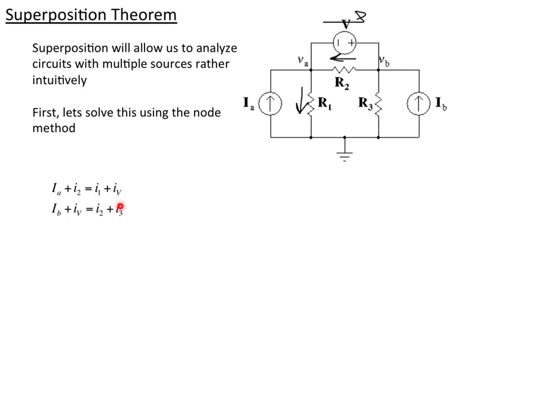And so that's the equation for the first node, summing up the currents. For node B, I have this equation exactly the same. Now IV flows in, IB also flows in, I2 flows out, and I3 flows out.